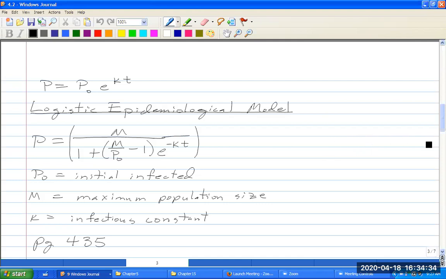So this is for a disease that becomes, well, endemic in your society.